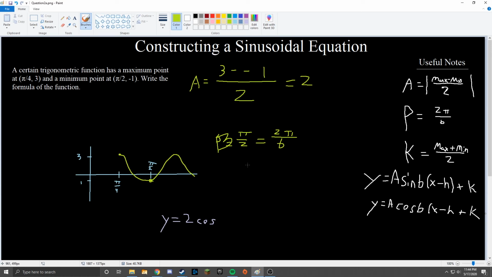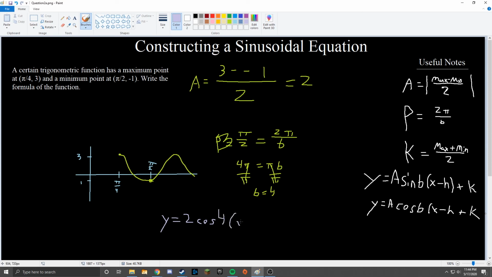So if we cross multiply, we'll be left with 4 pi equals pi b. And then we can just divide by pi to get rid of it, and we're left with b equals 4. Awesome. So now we have a little bit more of our equation.